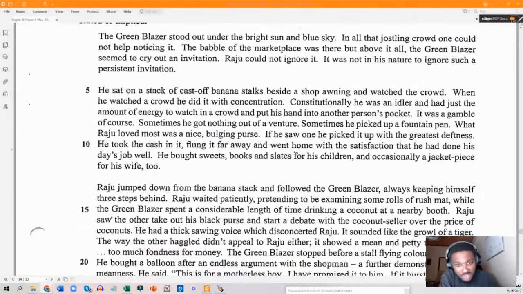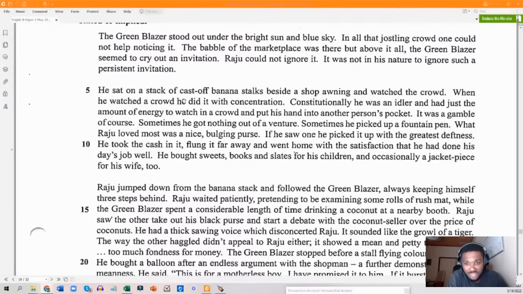The green blazer stood out under the bright sun and blue sky. In all that jostling crowd, one could not help noticing it. The babble of the marketplace was there, but above it all, the green blazer seemed to cry out an invitation. Raju could not ignore it. It was not in his nature to ignore such a persistent invitation.